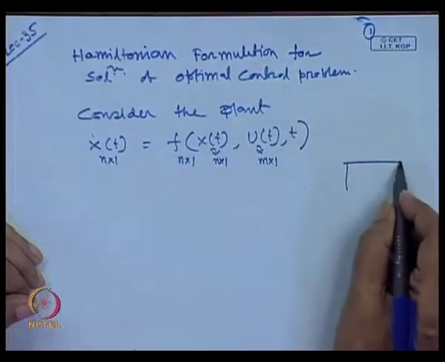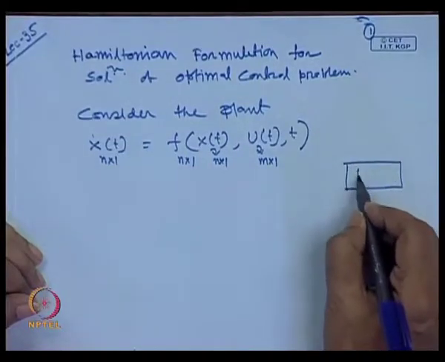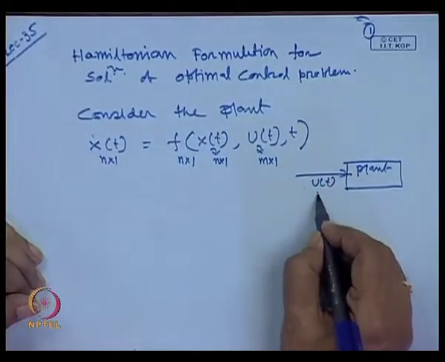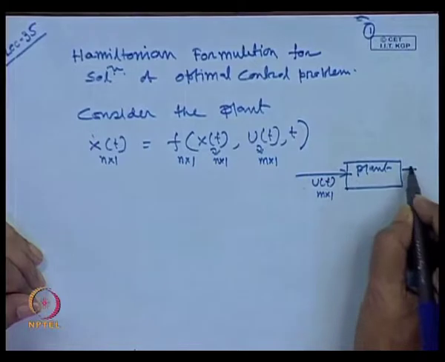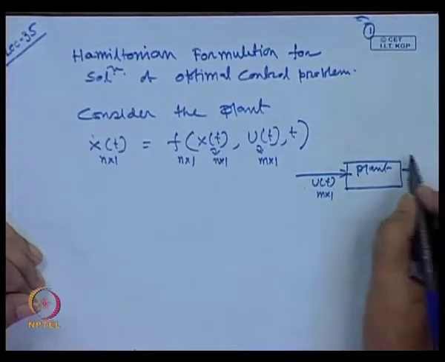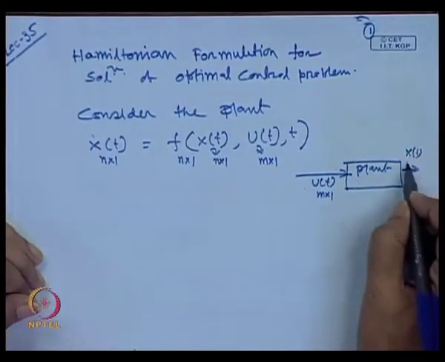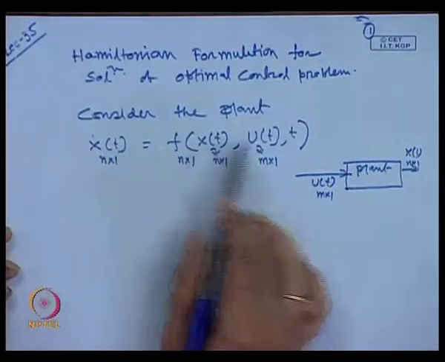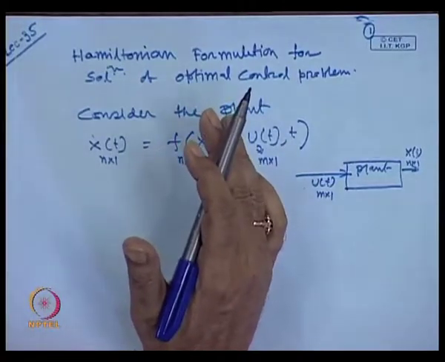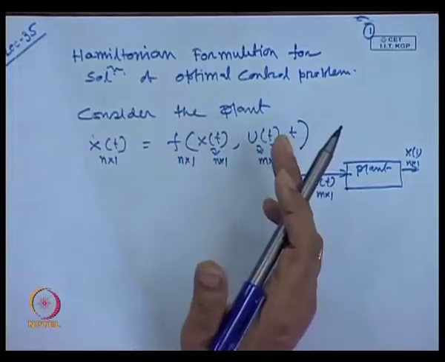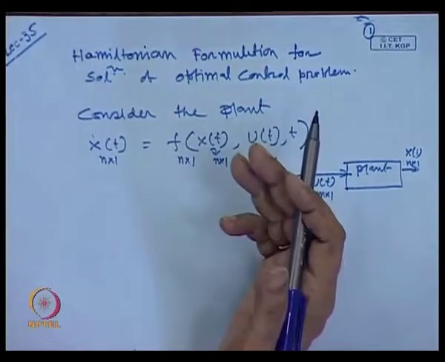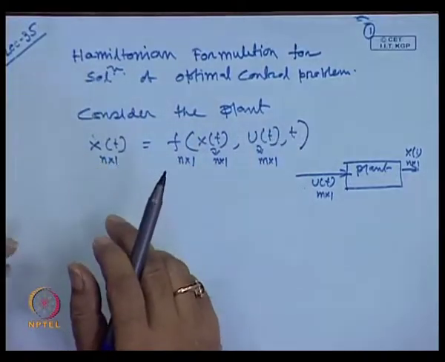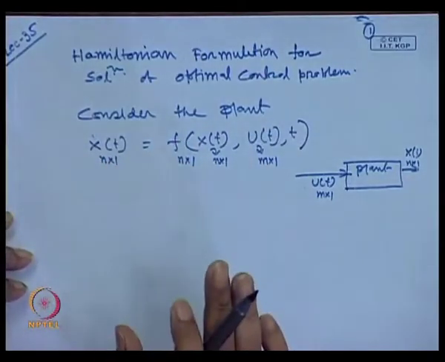You can think of it, we have a plant or system, one input is u of t whose dimension is m cross 1, and the state, you can say output, is the state x of t whose dimension is n cross 1. So, in general we have a dynamic system which we can describe with an nth order differential equation, which can be converted into n first order differential equations.